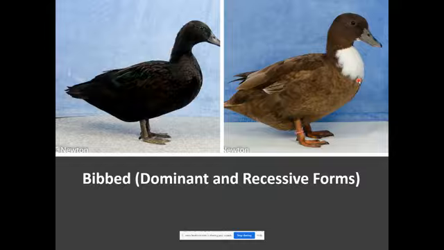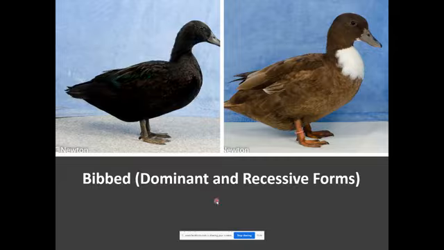And if you wanted to know what form you had, it's just a matter of doing a test cross. If you have a recessive bibbed form and you cross this solid breasted bird with the bibbed one, you would never see the bib in the progeny.